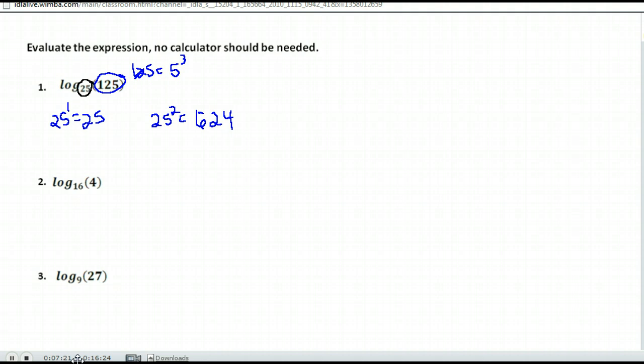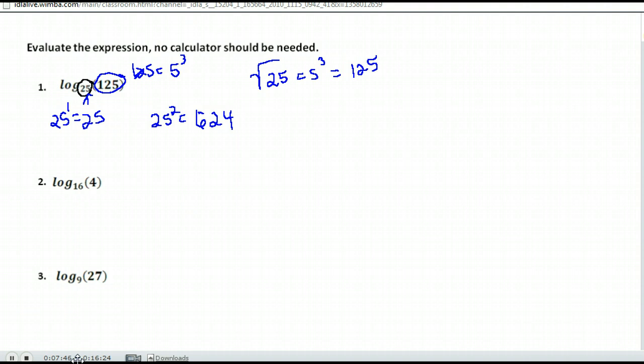Well, can I write 25 as a power of 5? I can. It's 5 to the 1/2 power. Okay, so looking at this, what we could do is take the square root of 25 as 5. And then if we take that to the 3rd power, we'll get 125.